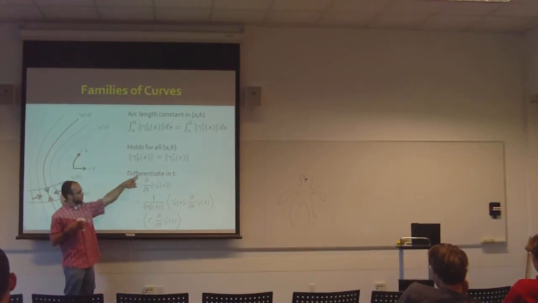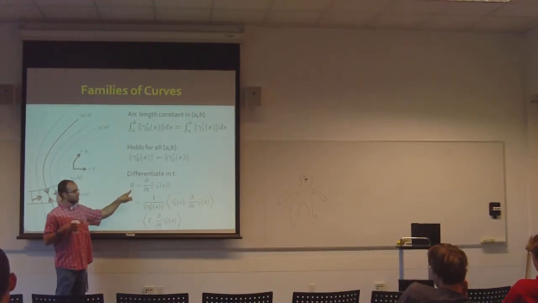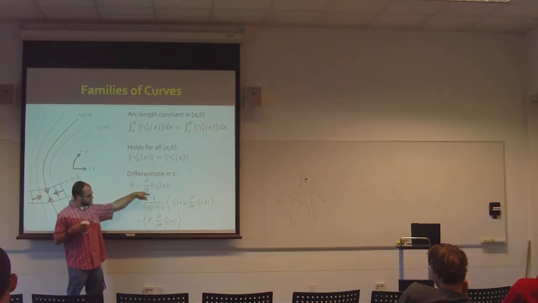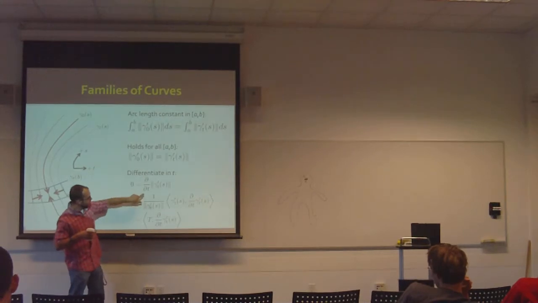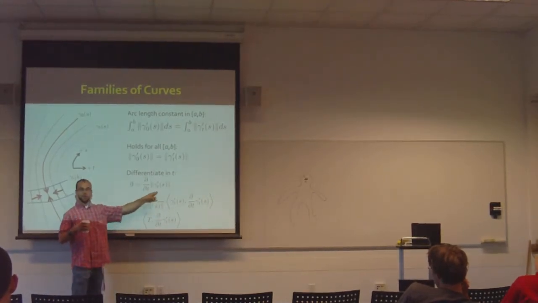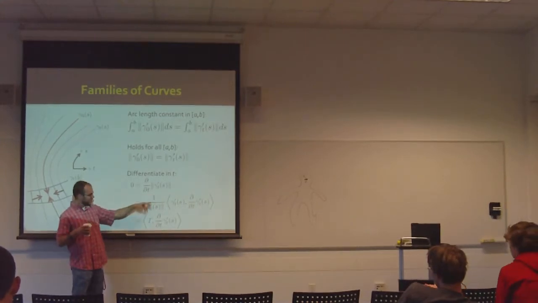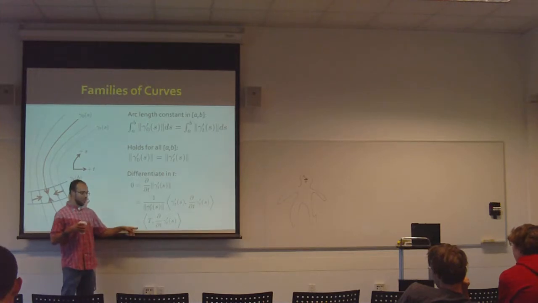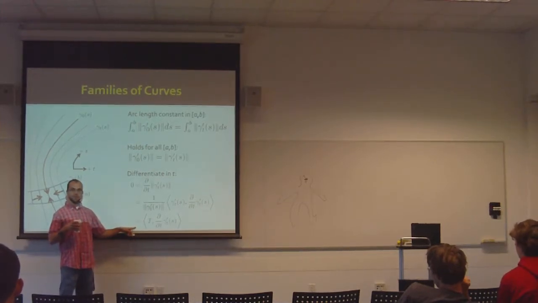If I differentiate that with respect to time, I get 0 on the left-hand side. On the right-hand side, I differentiate a little bit, and this is the derivative of the norm, which is the derivative of the square root of the norm squared. That means I'm going to get 1 over the norm here, and eventually it comes out as this nice inner product.